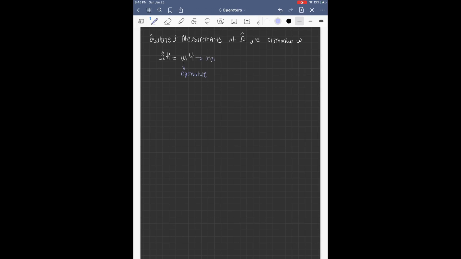So if it's maintained, this would be an eigenfunction. Oh wait, yeah, eigenfunction. You get the idea. And this is the operator.